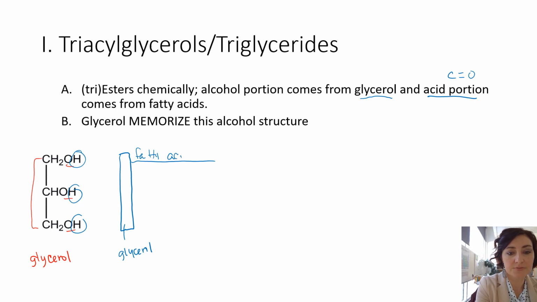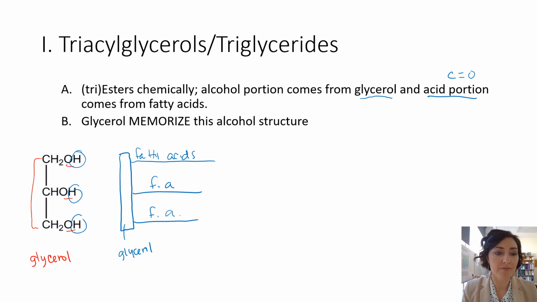And this is tough to write on, so I'm going to abbreviate my 3 fatty acids with just Fa coming down here. So in each of these alcohols, that alcohol, that hydroxyl, is going to react with the carboxylic acid portion of the fatty acid, forming an ester bond. This is an esterification reaction. Again, you've learned this last unit. We're just using it in a little bit different way.